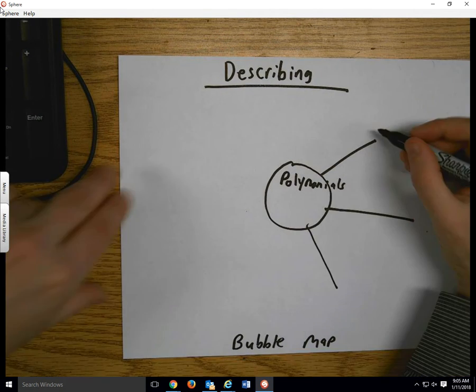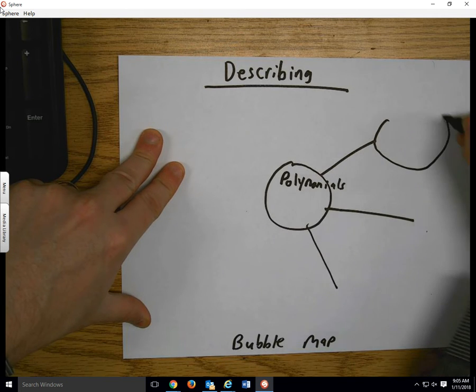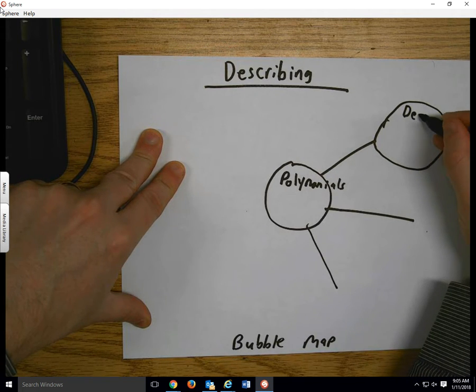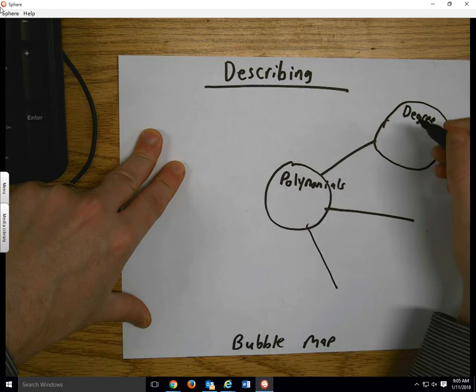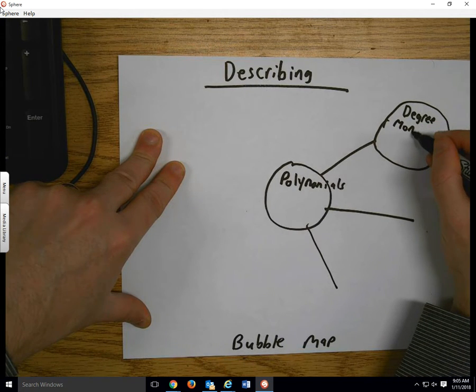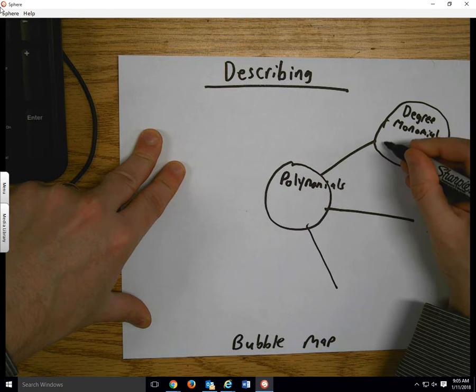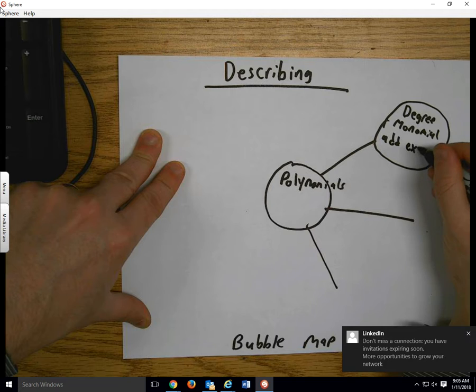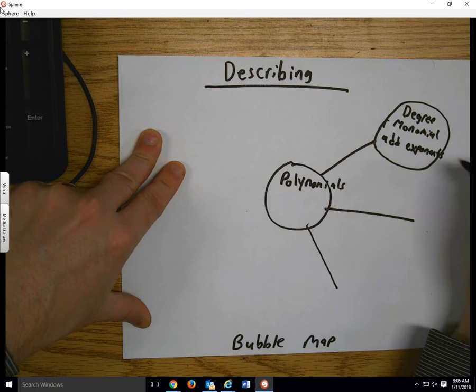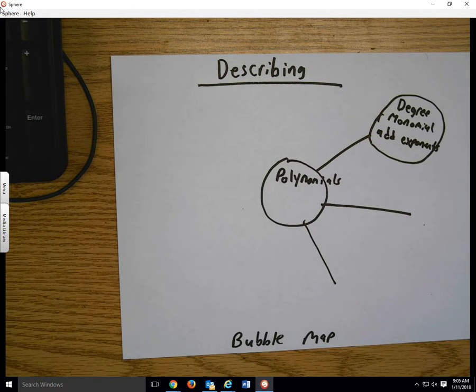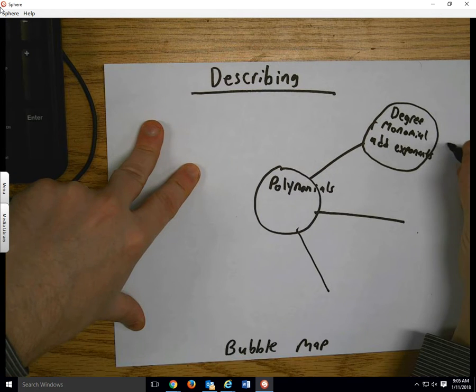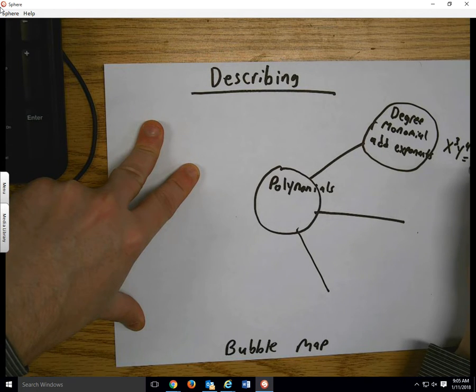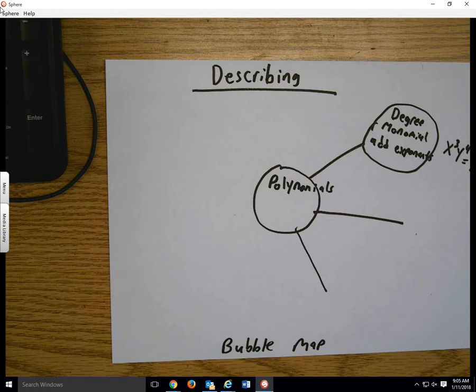When we're talking about degrees of polynomials, or actually of monomials, you add the exponents, right? And when I say add exponents, we're only talking about the exponents on variables. Like if it was x to the third, y to the fourth, it'd be 3 plus 4 is 7. The degree of that monomial would be 7. Very good. That's one of the things it talked about.